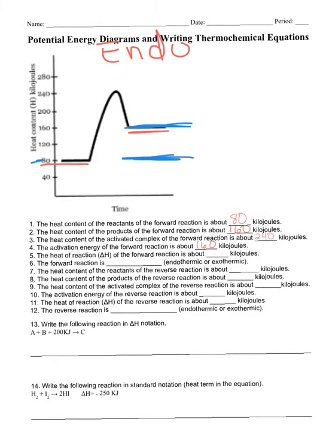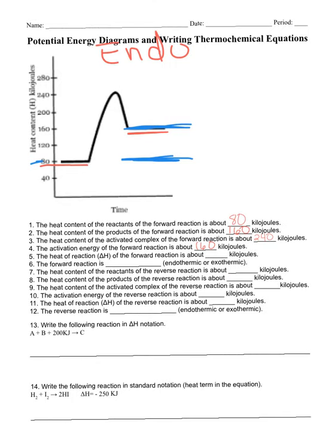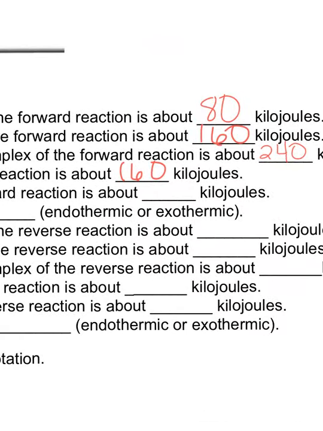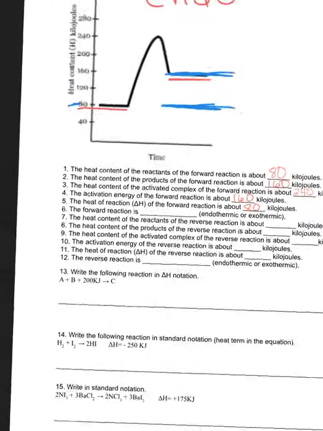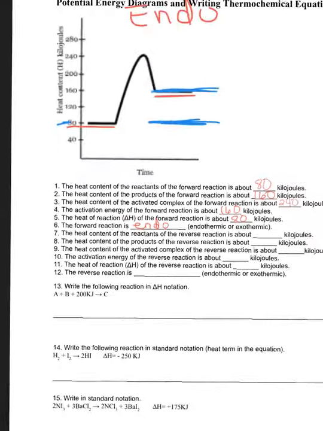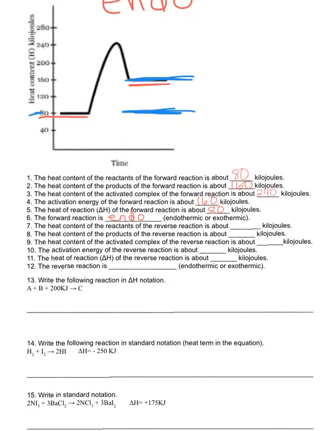The difference between 80 and 160. A little bit of mental math. Very, very simple. 80 kilojoules. And then of course the forward reaction, I told you earlier, endothermic. So the rest of the questions, they're asking for the same exact information, but it's asking about the reverse reaction.